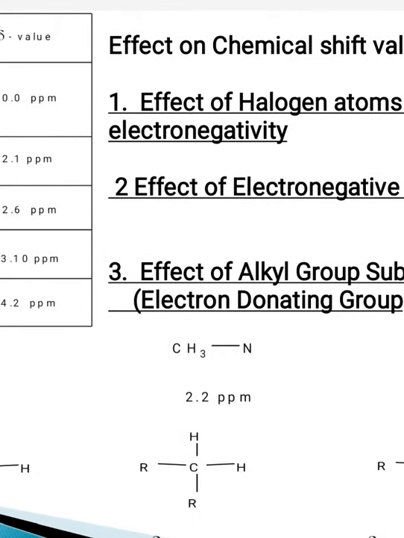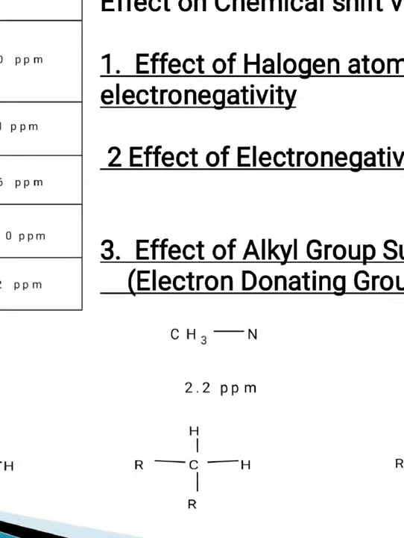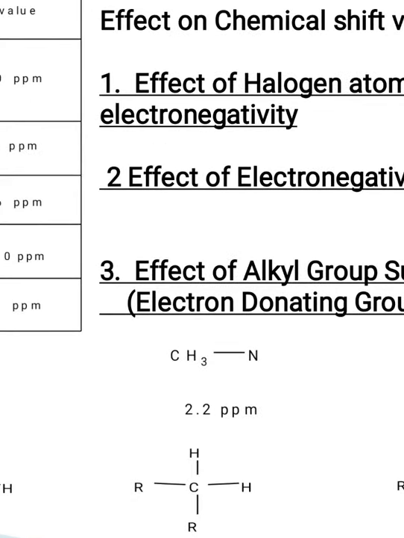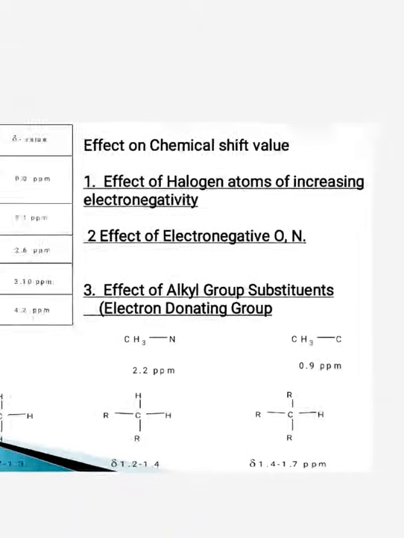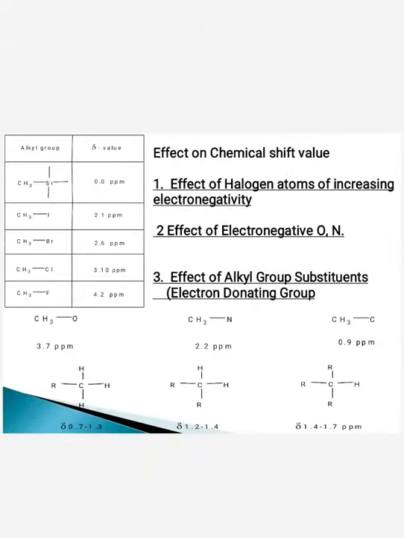When a proton is attached to a secondary carbon atom with two electron donating alkyl groups, its value ranges from 1.2 to 1.4. And the chemical shift value for a proton attached to a tertiary carbon atom having 3 electron donating alkyl groups ranges from 1.4 to 1.7 ppm. We should know these values while solving the problem.